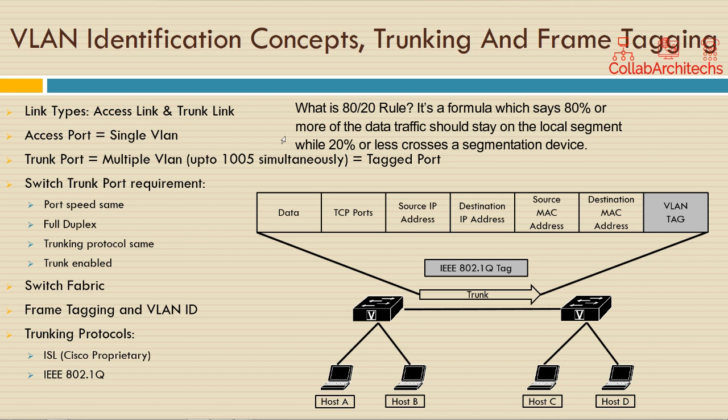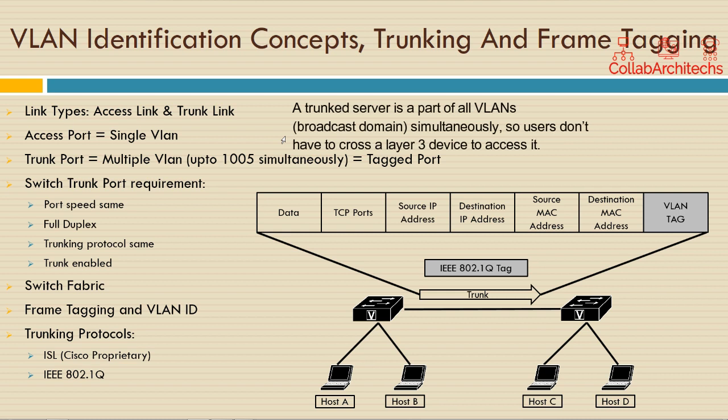It's a formula which says 80% or more of the data traffic should stay on the local segment while 20% or less crosses a segmented device. A trunked server is a part of all VLAN broadcast domains simultaneously, so users don't have to cross a layer 3 device to access it.